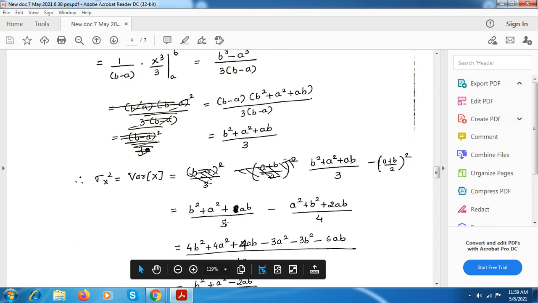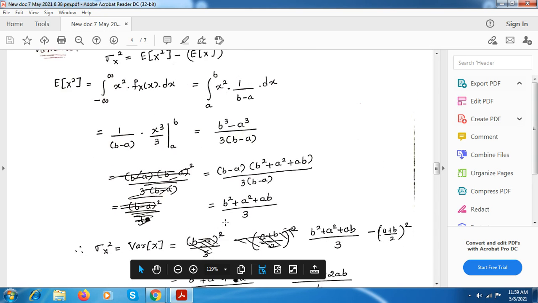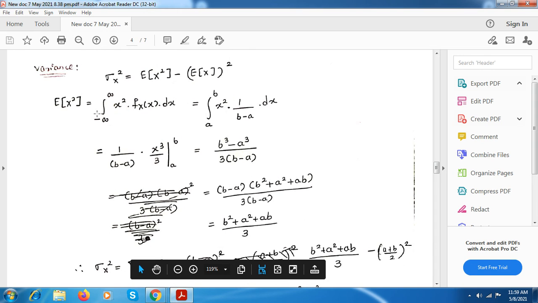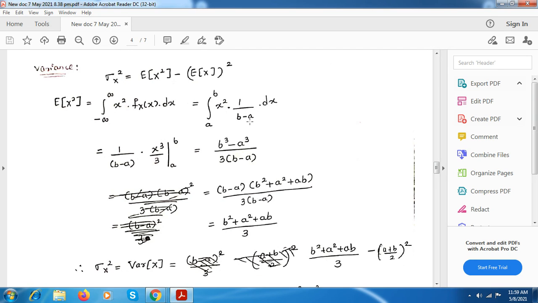First you have to solve the e of x square, that is integrate from a to b and multiply x square with 1 by b minus a. This is the PDF value, and integrate x square, that is x cube by 3. Limit is from a to b.